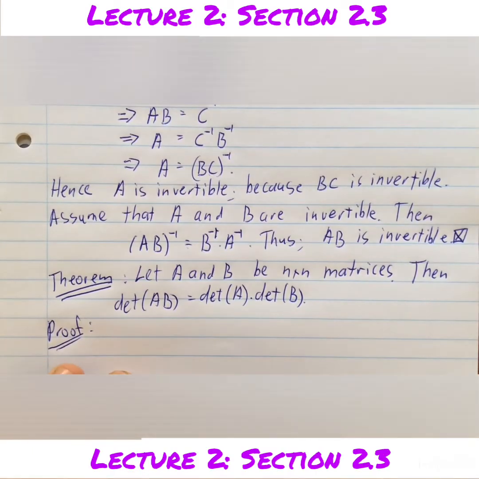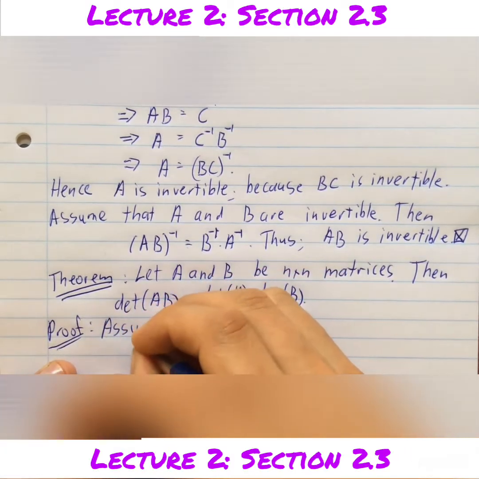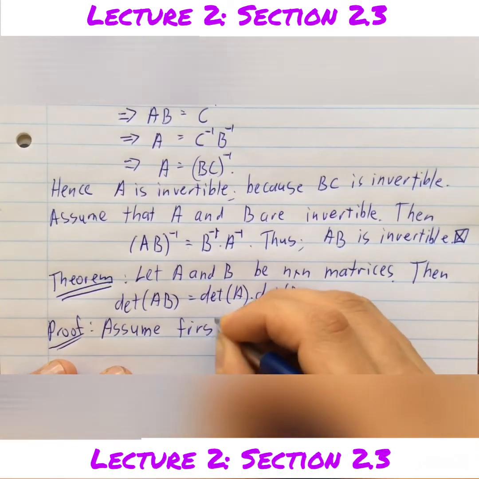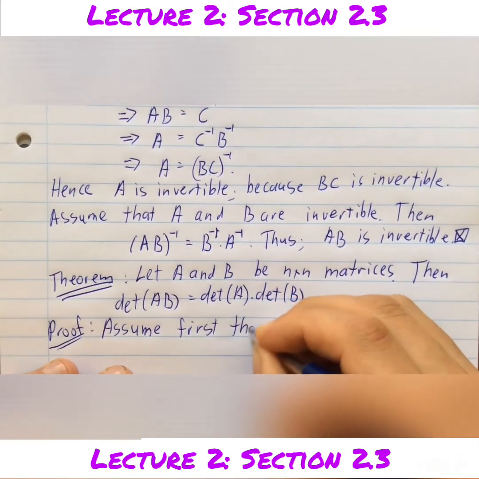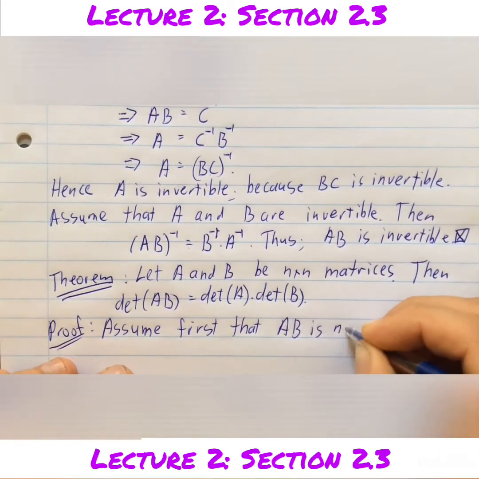The first case, let us assume first that A times B is not invertible.